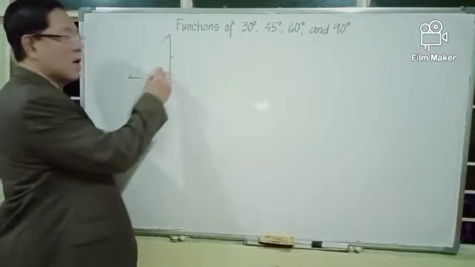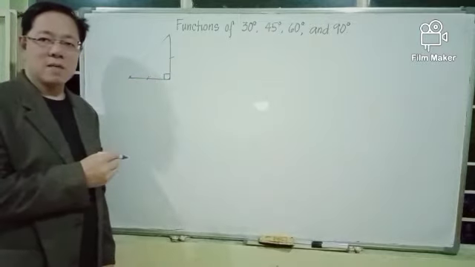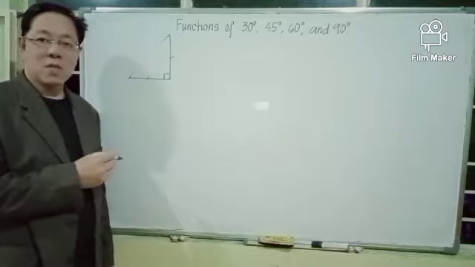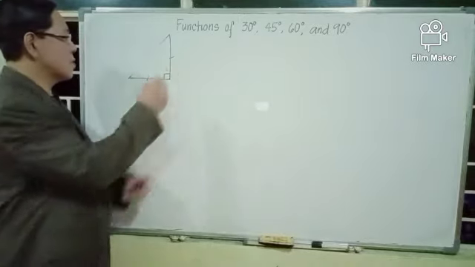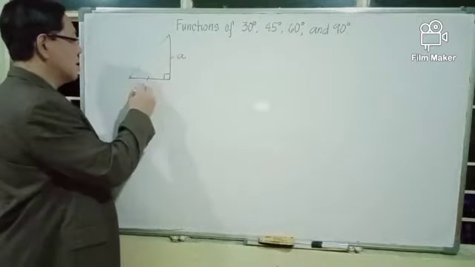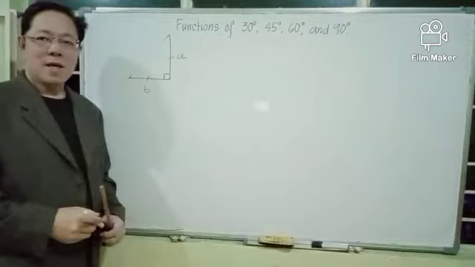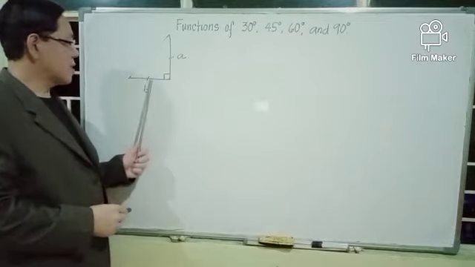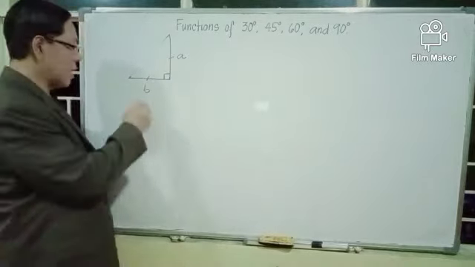This side and this side are congruent, which means that their measures are equal. If we denote this by A and this by B, and if this side and this side are congruent, then A equals B.